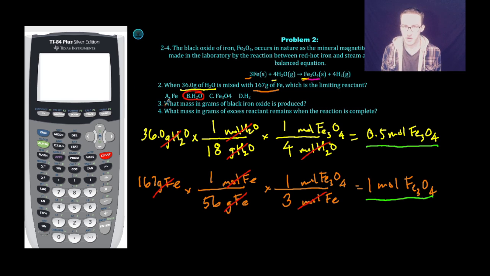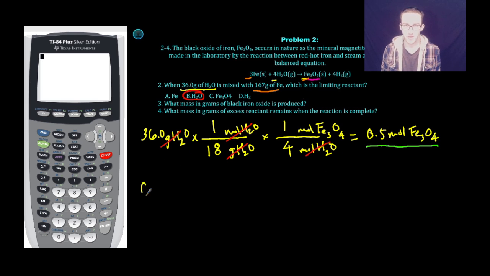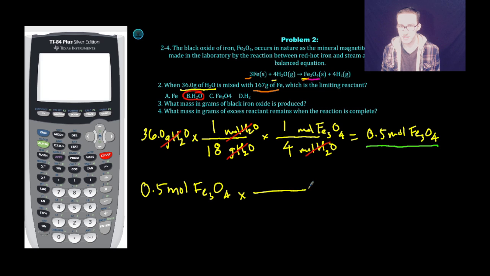As we look at the next part in this question, we are now asked to determine the mass in grams of black iron oxide that is produced. It's always important that you do this calculation based off of the limiting reactant, because that is the one that determines how much product we can actually make. I use my 0.5 moles of Fe3O4 that was produced from the 36 grams of water and simply convert that to grams.